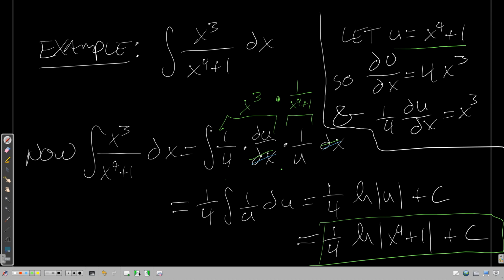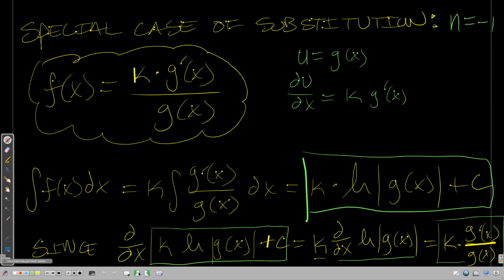Which is exactly what we said we would get. The function looked like this. So it was that constant times the natural log of the absolute value of the denominator.